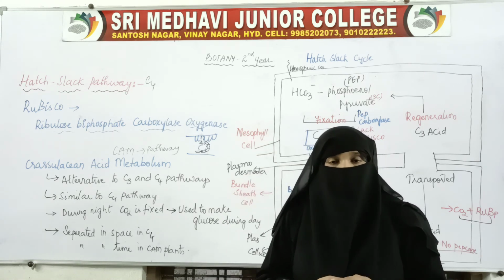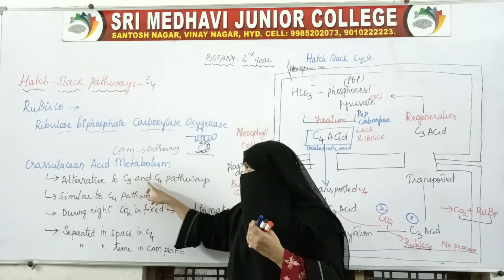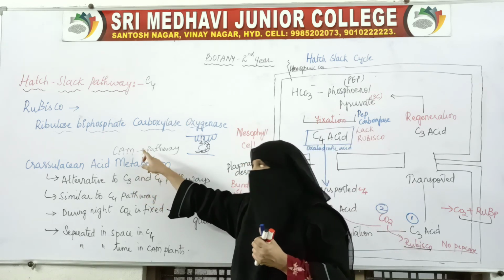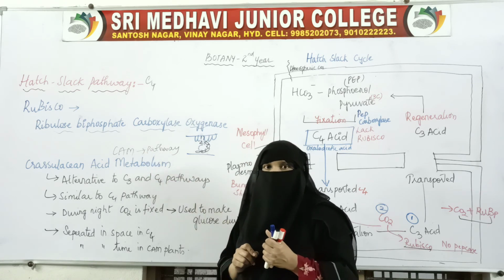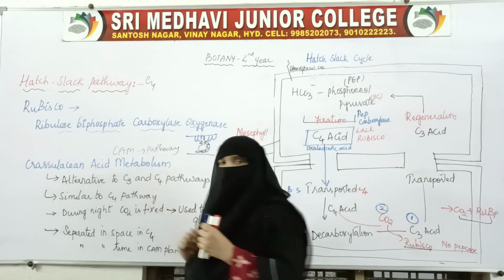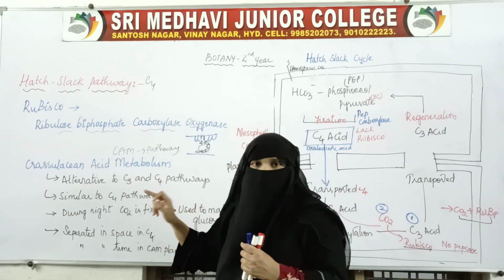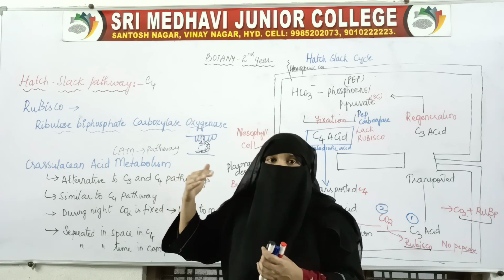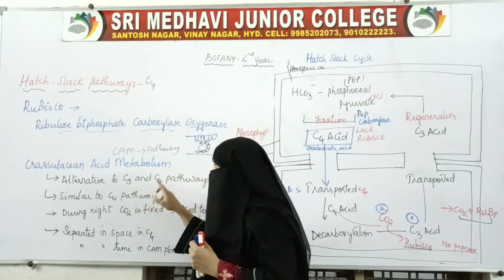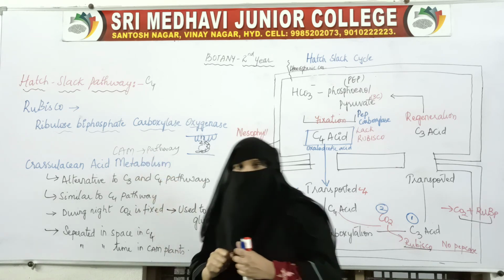Instead of the C3 and C4 cycle, they undergo another pathway, the CAM pathway. The full form is crassulaceous acid metabolism. So the plants which live in very high temperatures perform the CAM pathway instead of the C3 and C4 pathway.